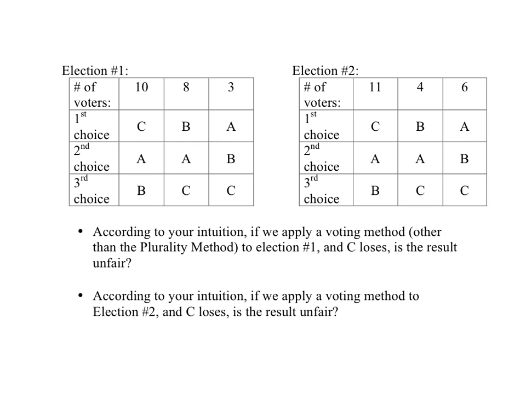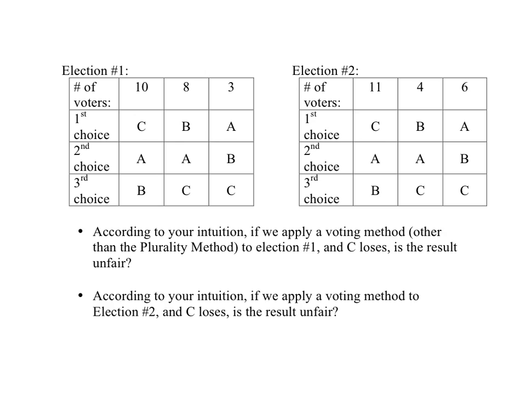So according to your intuition, again, speaking solely in terms of your intuition, if we apply a voting method other than the plurality method to election number 1, and somehow the inner workings of this voting method, the way it computes with the data given, results in C losing, is that result unfair?